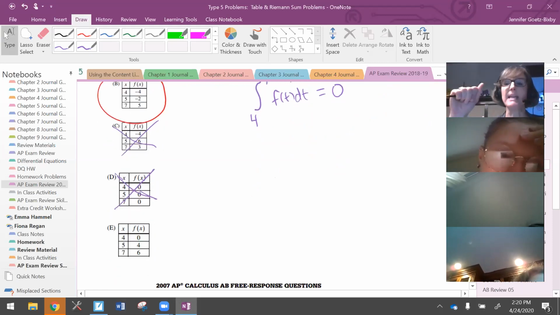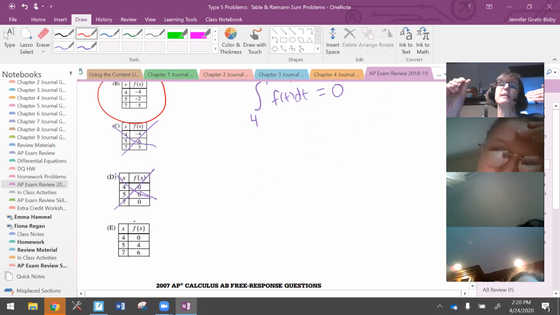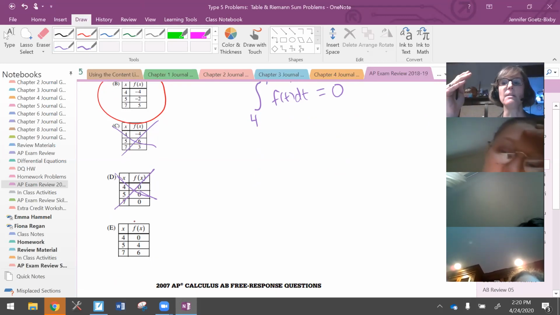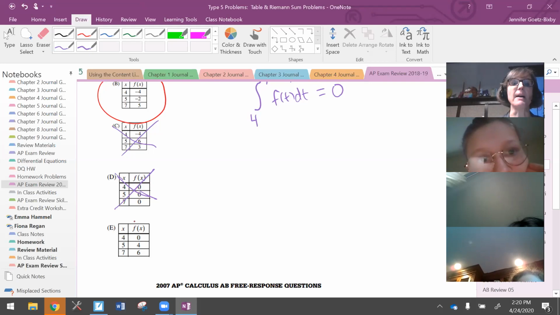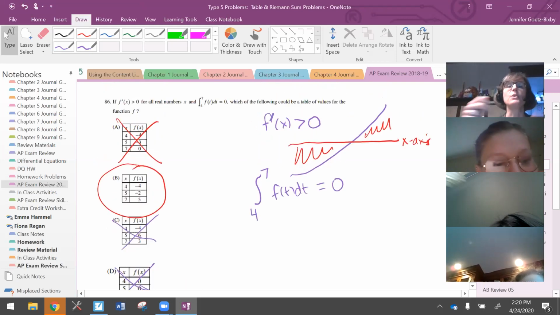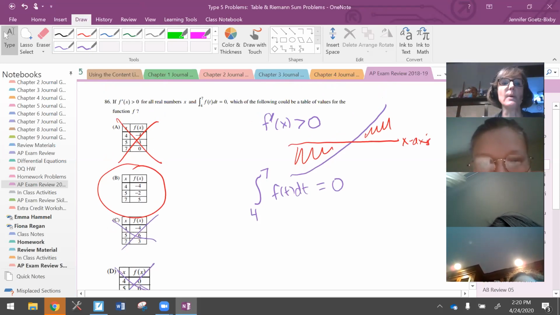Let's just check and make sure that the last answer is not a possibility. So let's look at E. Does that have some area below and some area above? No. It's all what, Jacqueline? On or above. It's all on or above, so it's not going to be that.